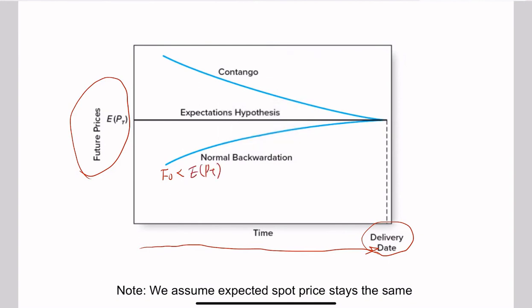And we know that by this convergence property, on the delivery date, P_T has to be equal to F_T, right? So you can see that the futures price will increase as this futures approach delivery date. So you will get this upward sloping curve.